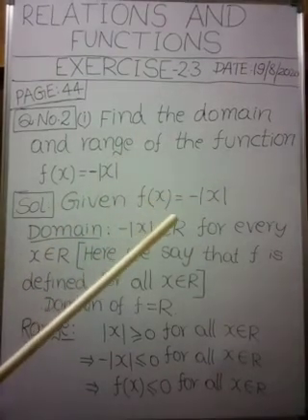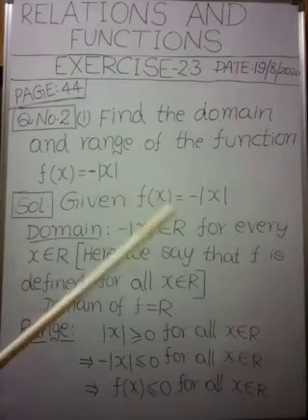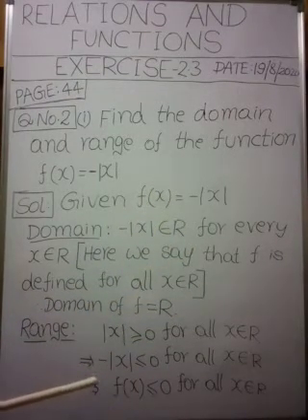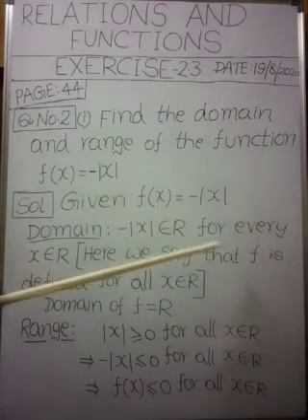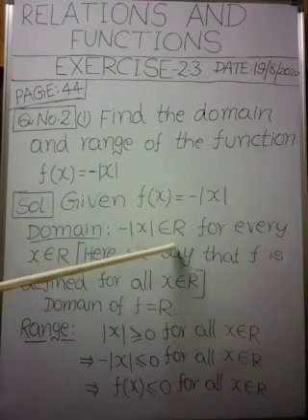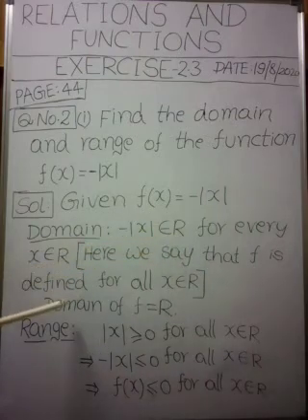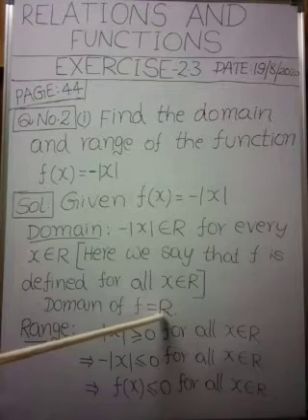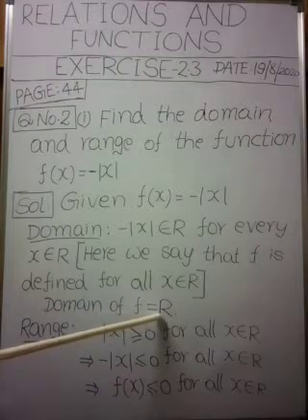Whatever the values given for x, the function value must be a real number. So for every real number x, minus mod x is also a real number. Therefore, we can say that the domain of f is equal to R. Understood this part, my dear children?